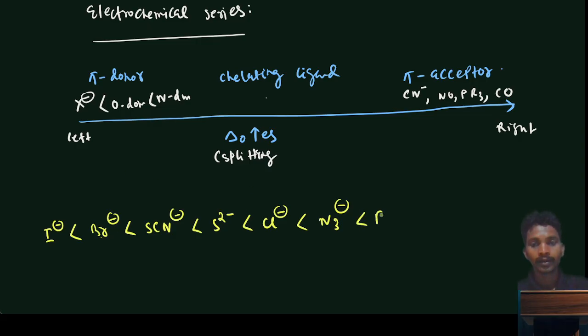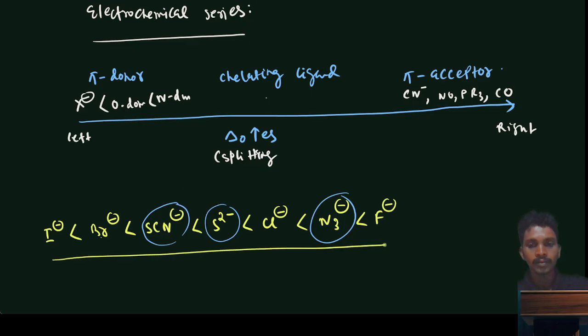Then we have F minus. These are from the halogen groups.